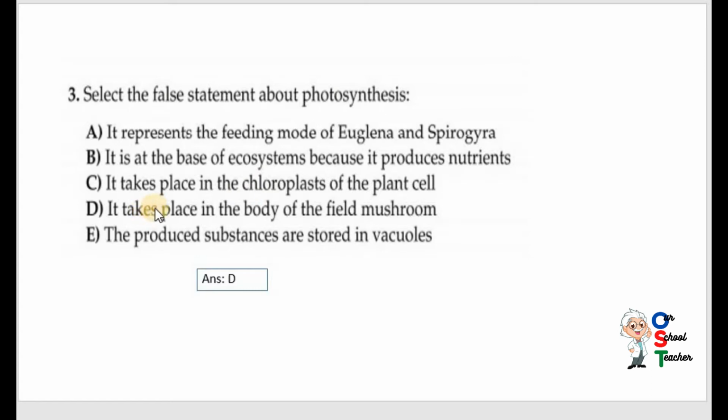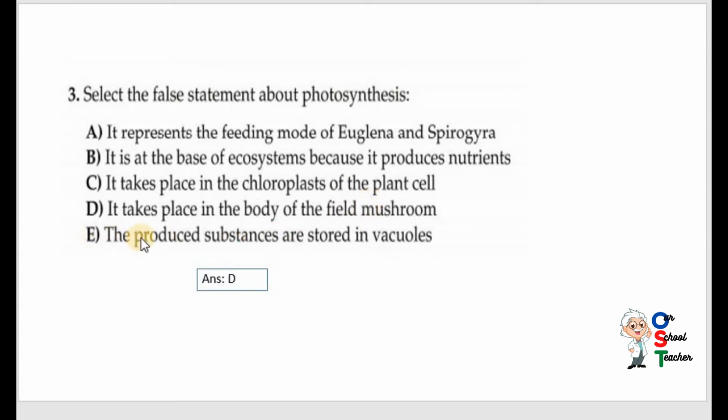D. It takes place in the body of the field mushroom. Yes, mushroom is a fungus, and fungus cannot perform photosynthesis. It does not contain chloroplast. So D is correct. It takes place in the body, so it is a false statement about photosynthesis.